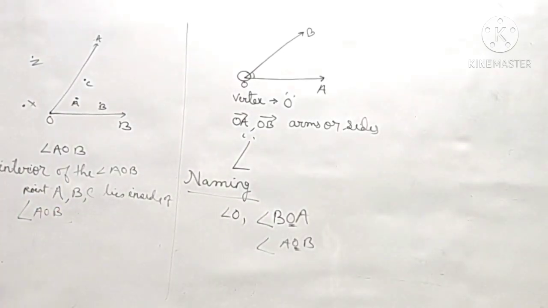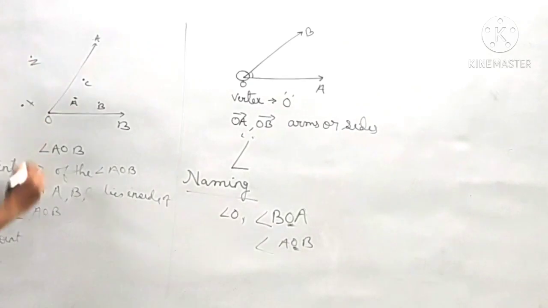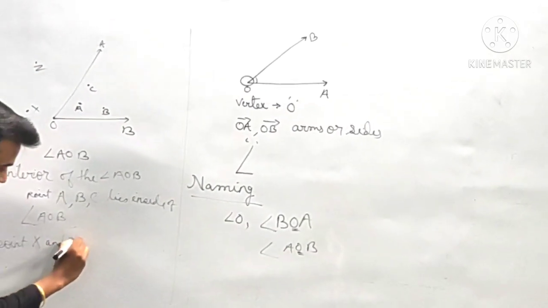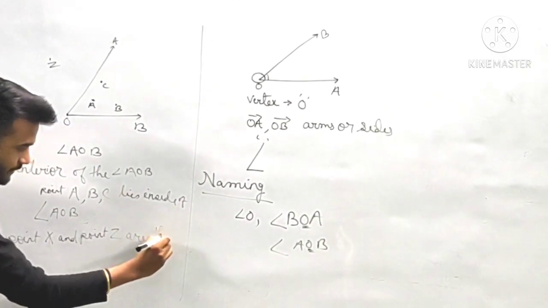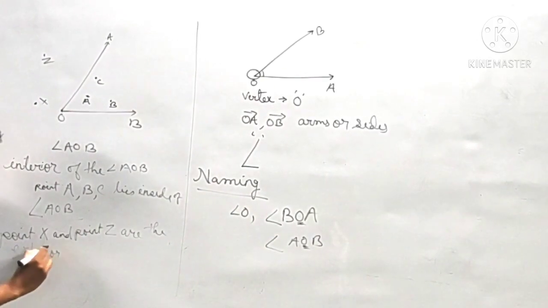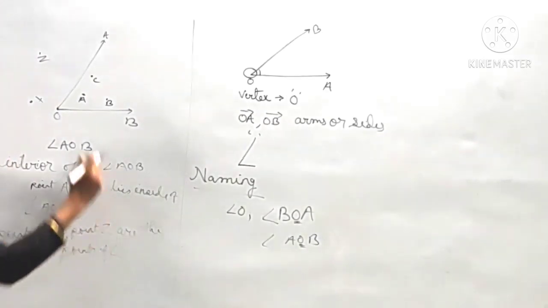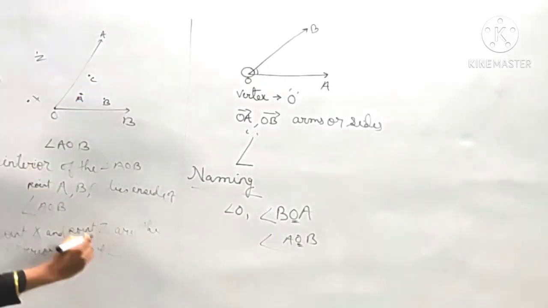Now, what are the exteriors of this angle? You see, point X and point Z are the exterior points of angle AOB, or you can say BOA.